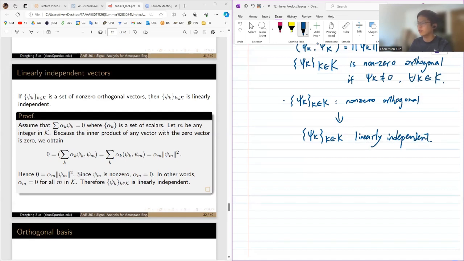Just as a review, let's take a look at the set we have just seen, psi 1, psi 2, psi 3.